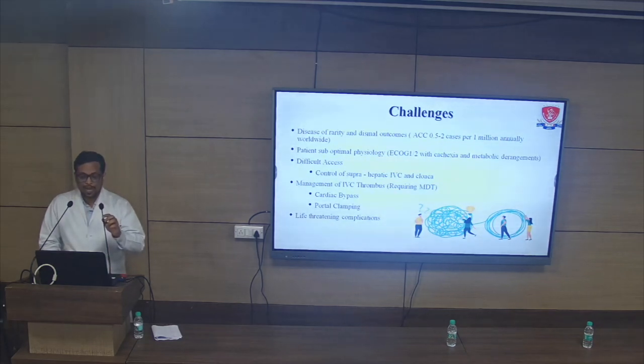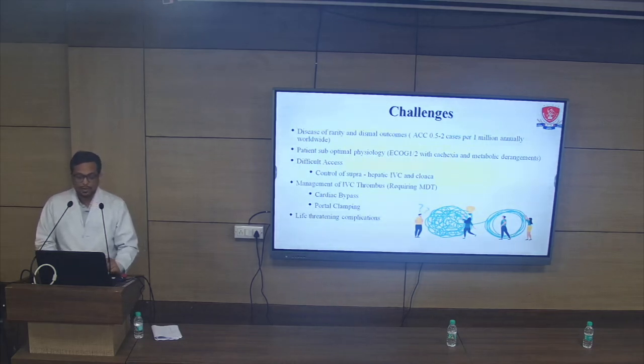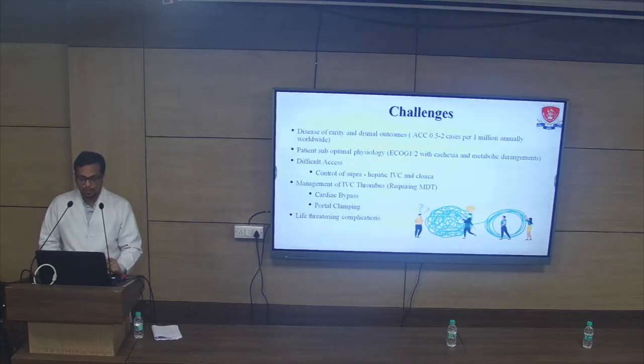For IVC management, we thank our cardiac team, which was on standby, because if tumor thrombus is infiltrating into the wall, it may sometimes need a bypass and a portal clamping, hampering the total vascular return from the bowel. As was also discussed, patients were explained about life-threatening complications such as air embolism and tumor embolism to the pulmonary side.